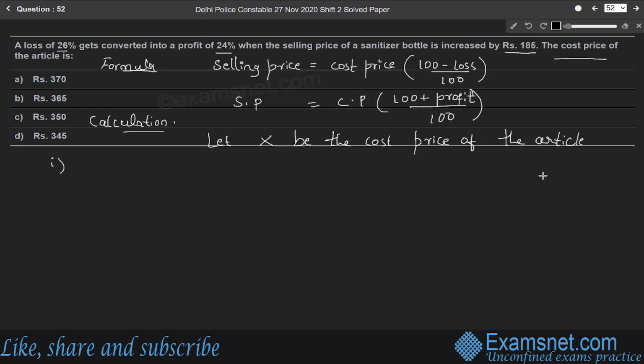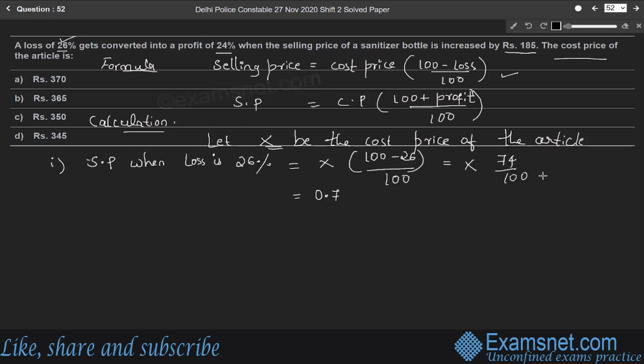So in the first case, in the case of 26% loss, the selling price of the article would be, applying the formula, X into 100 minus 26 by 100, which is X into 74 by 100, which is equal to 0.74x.